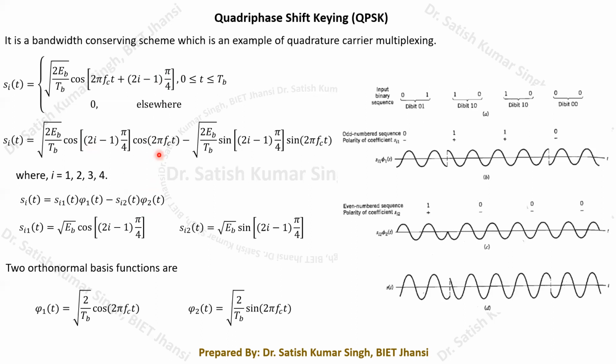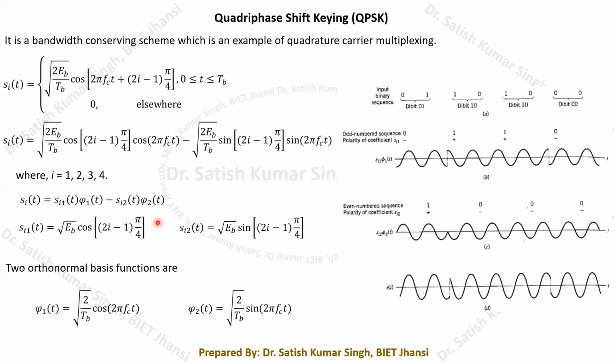Now from this expansion, I can write this expression in this form. Let us say the signal Si(t) will be represented by a certain signal Si1 multiplied with a basis function phi 1(t), minus Si2, because here we have the minus sign, and then another signal Si2(t) with another basis function phi 2(t).